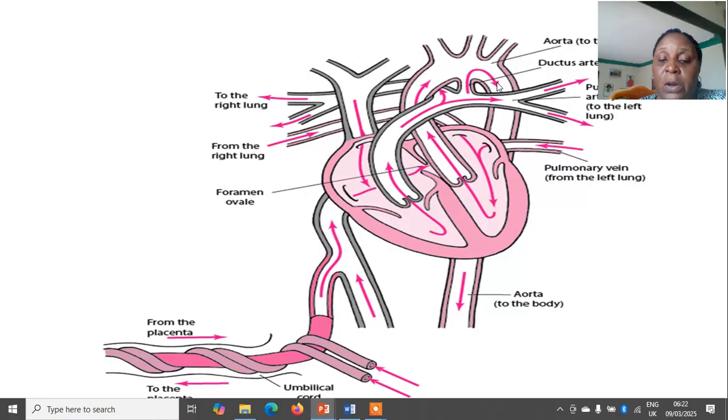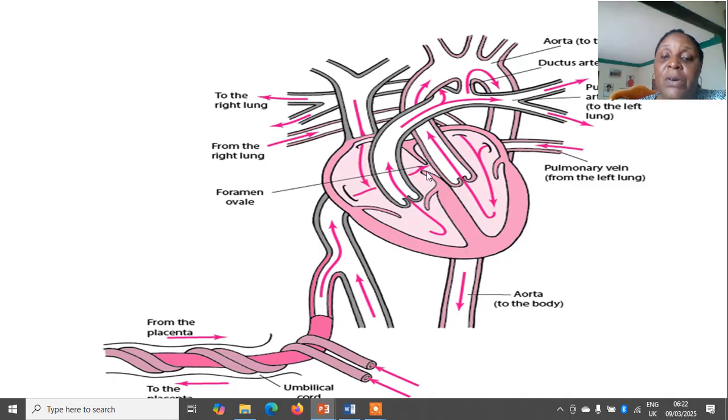But because we closed the placental supply, it means the blood can no longer go through the pulmonary artery to supply the lungs. It means this one now closes. But instead, the blood now is oxygenated through the lungs. So what does it mean? Now the oxygenated blood is coming in through the pulmonary vein, and now it is supplying the aorta.